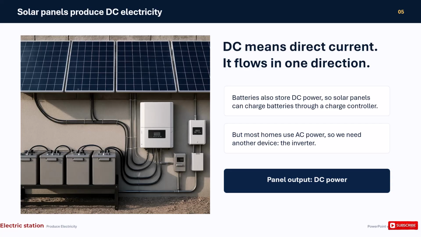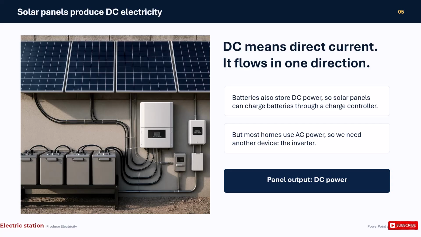This is also why solar panels work well with batteries, because batteries store and supply DC electricity. In an off-grid or battery-based solar system, a charge controller is normally placed between the panels and the batteries to control the charging process. However, most household appliances operate using AC, or alternating current.